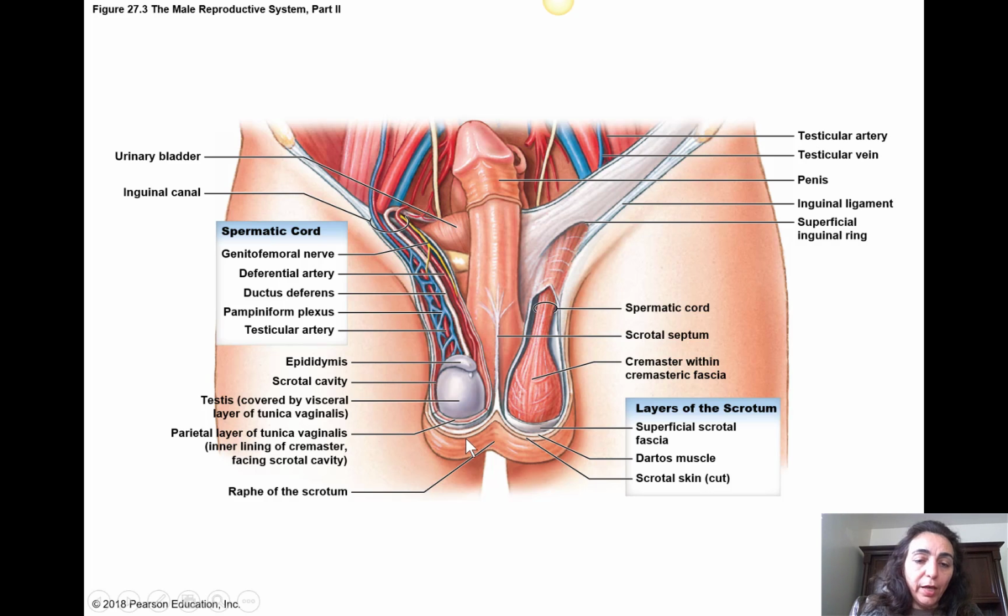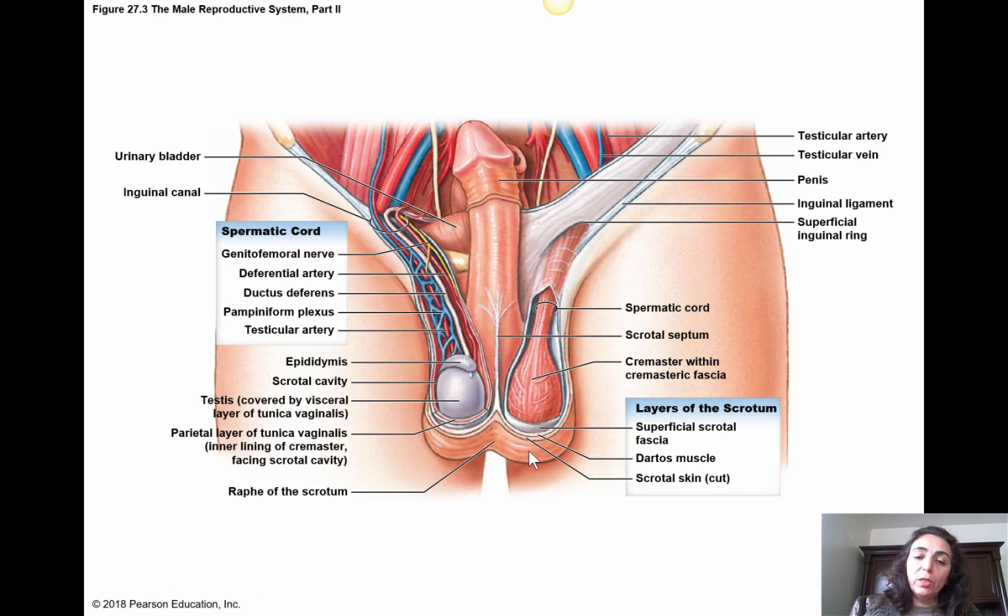And also you have this layer of the dartos muscle. Let me see, it should be in the wall here. It hasn't been shown here, but that one is located here. Dartos muscle, this layer that you see, is located in the outer layer and pulls the whole scrotum upward.